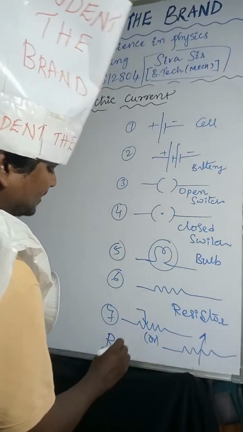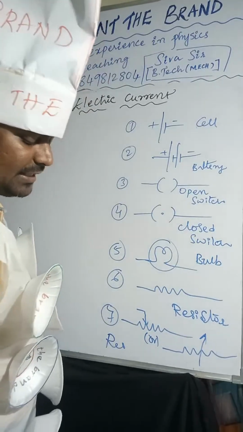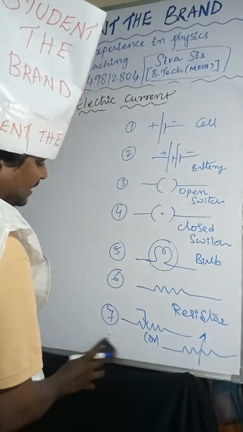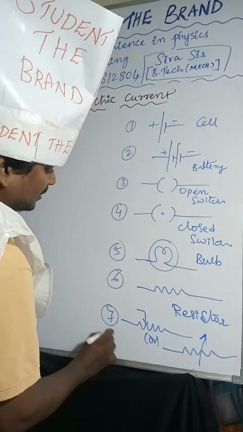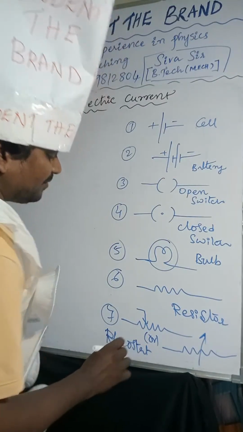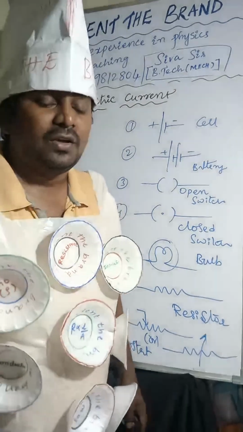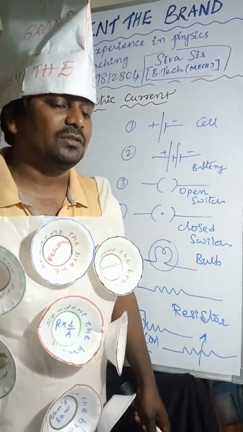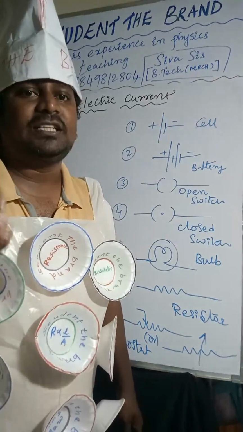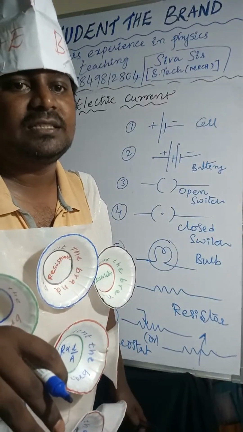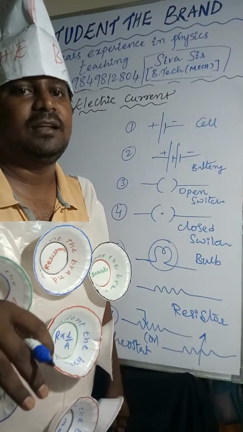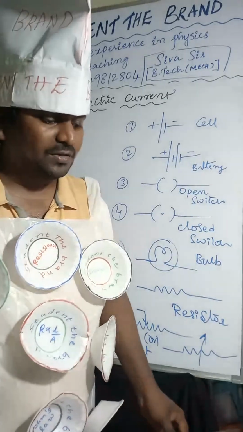The rheostat is the device which regulates the current without changing the voltage source. These are DC sources, and the AC source symbol is a circle with a wave inside.